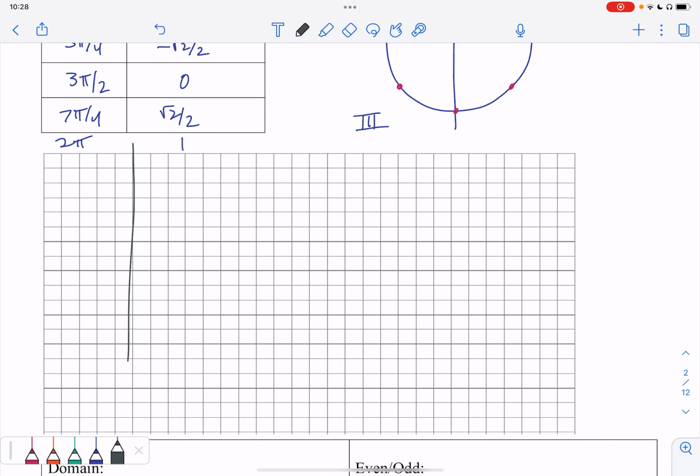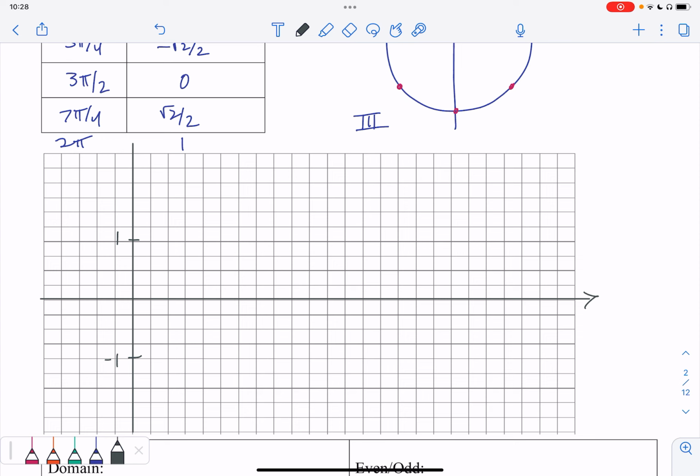Okay, so we want to draw in our axes, and right now we can just draw them wherever, but as these graphs get more complicated with transformations, we'll be a little bit more careful about how we draw them. It's good to start out with a pencil so you get used to drawing them.